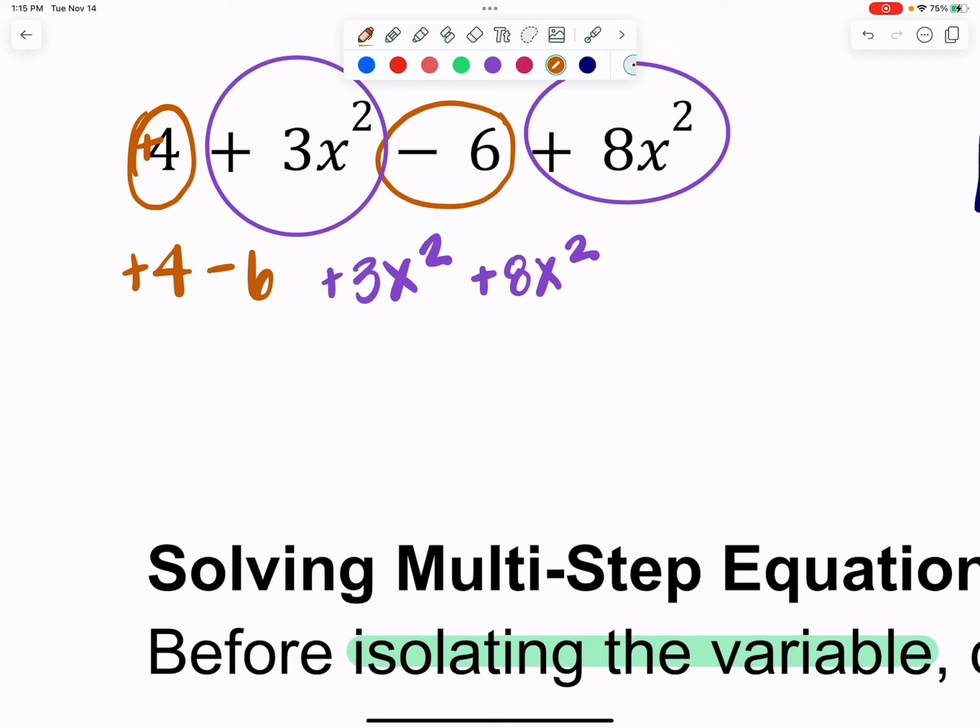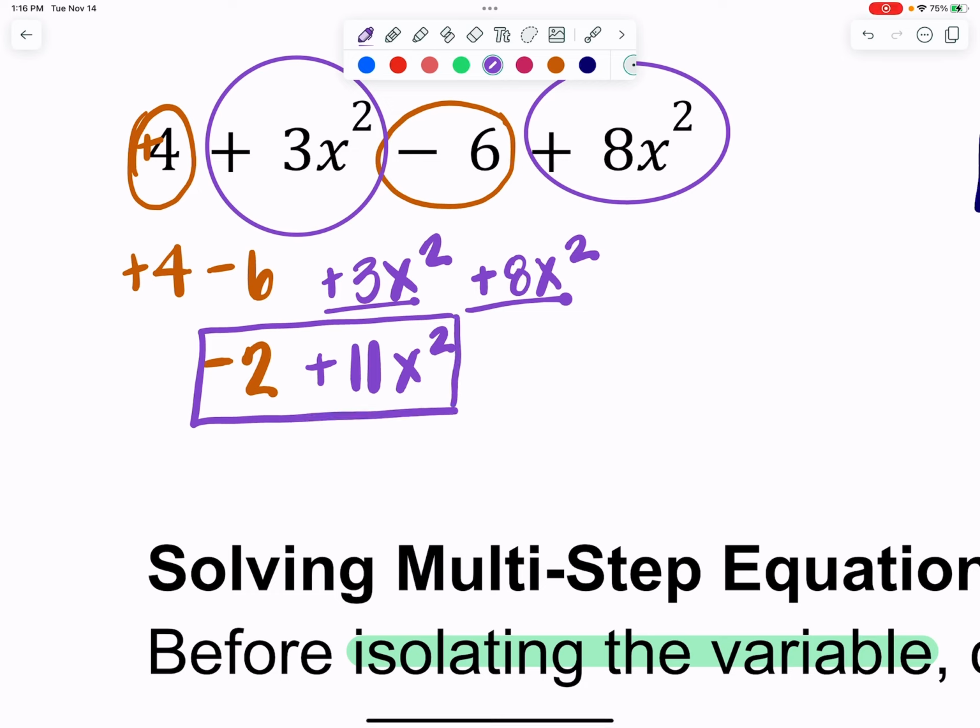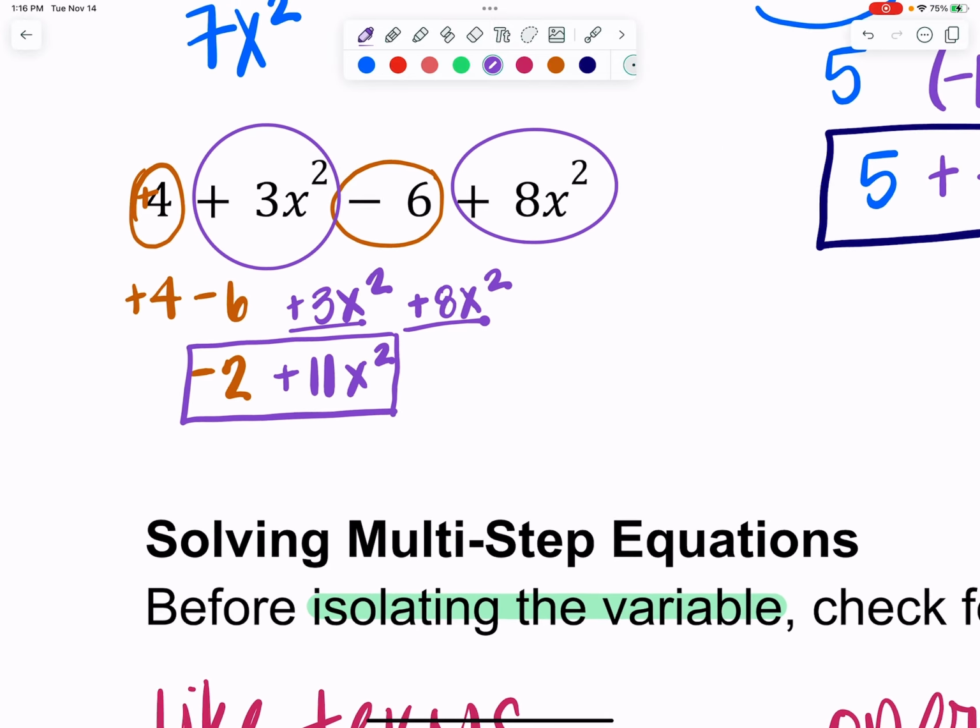Well, I can do 4 minus 6. That's -2. +3 plus 8 is +11. And I put my x squared on there. So you have successfully combined all of the like terms together into -2 plus 11x squared.